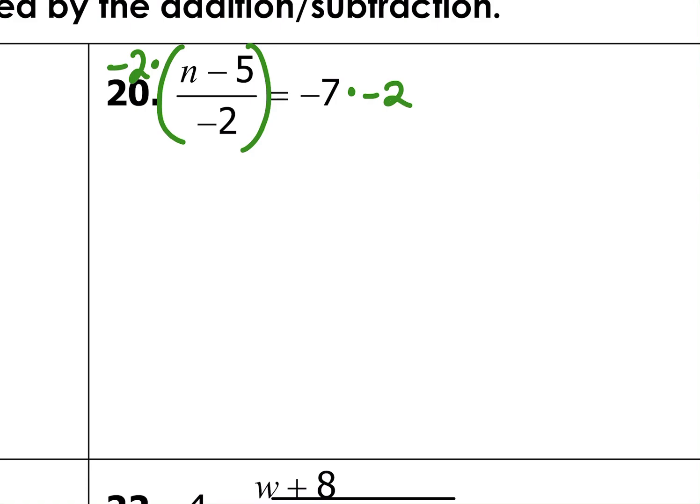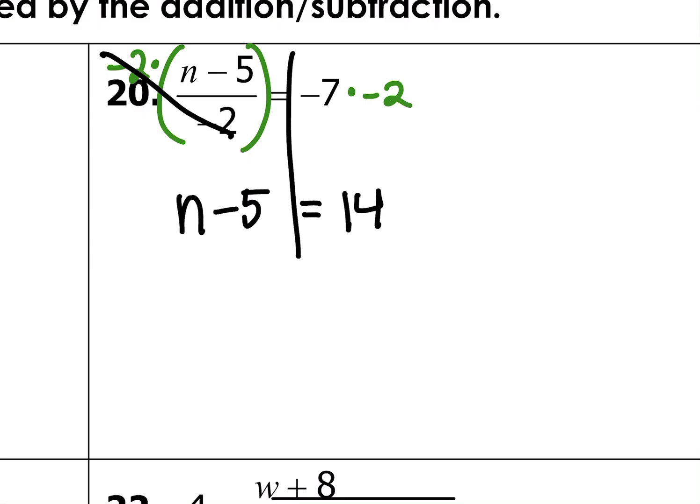Okay. So on the left side, my negative 2's are going to cancel, and I have n minus 5 equals positive 14. Now I can get rid of my constant.